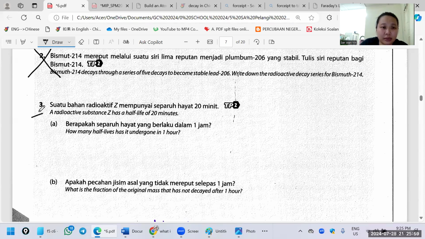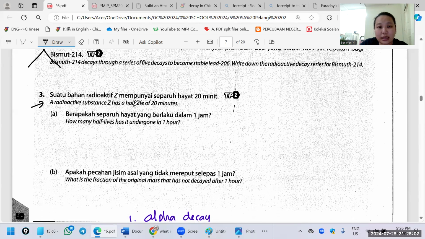Okay, now number 3. Radioactive substance Z has a half-life of 20 minutes. So let's write, half-life is 20 minutes. How many half-lives has it undergone in 1 hour? 3.